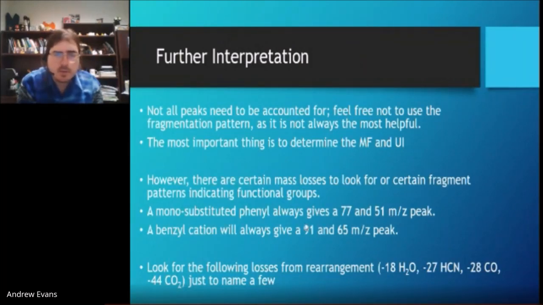So this technique is also very useful for seeing monosubstituted phenyl groups, our benzenes, and our benzyl cations, which is the CH2 attached to the benzene, and that they produce resonance stabilized cations.